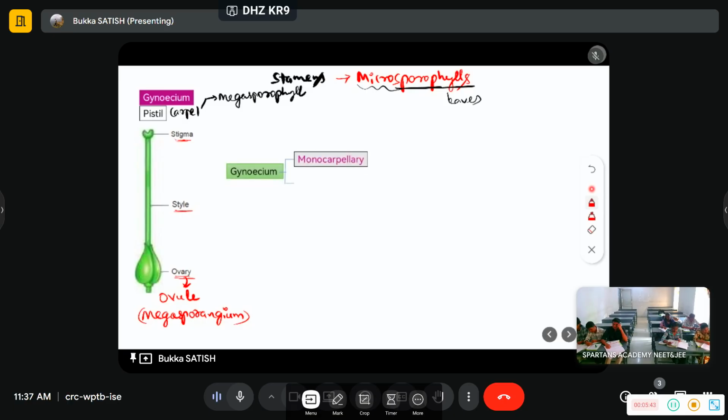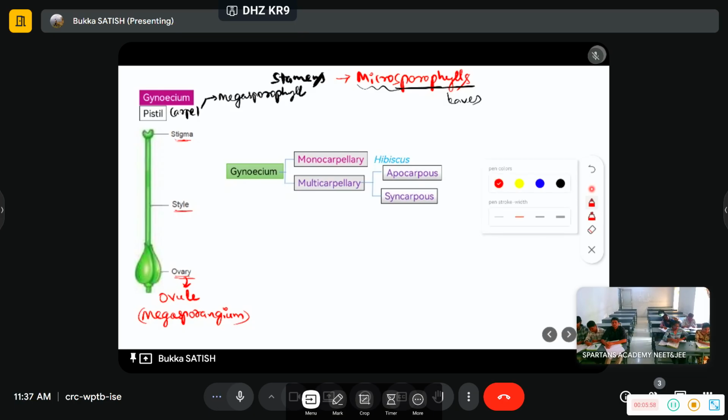Right. Next. Each gynoecium can be monocarpellary if there is a single carpel, or it can be multicarpellary. Just a second. This example should not be here. Right. It can be monocarpellary or multicarpellary.